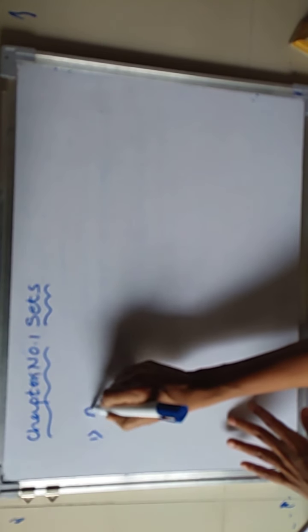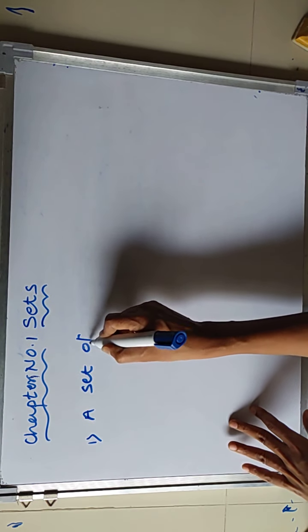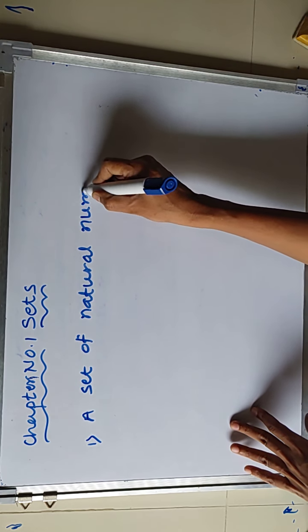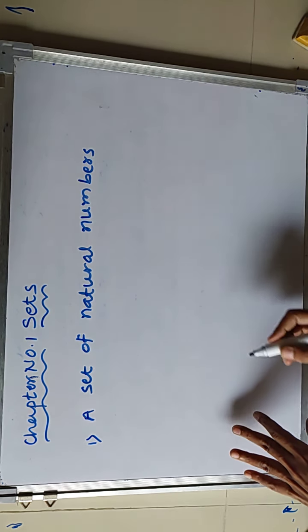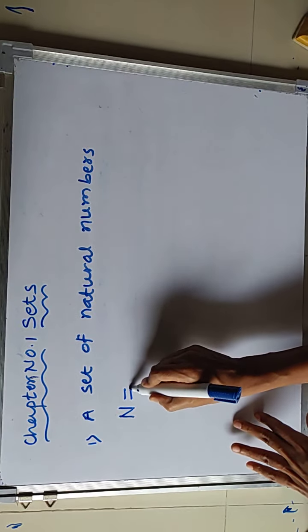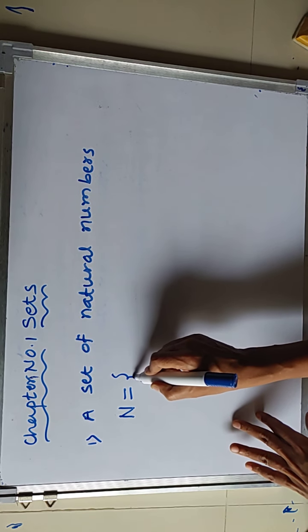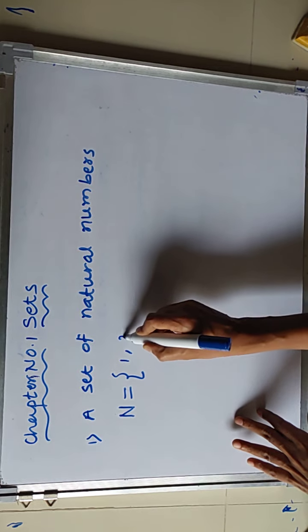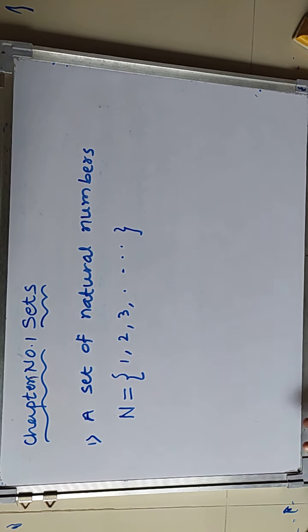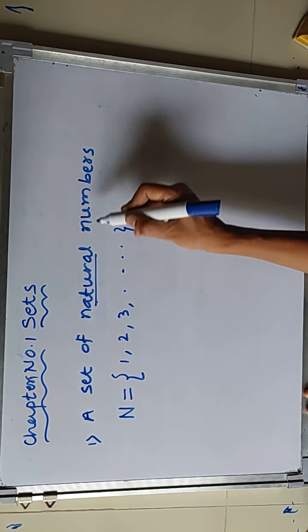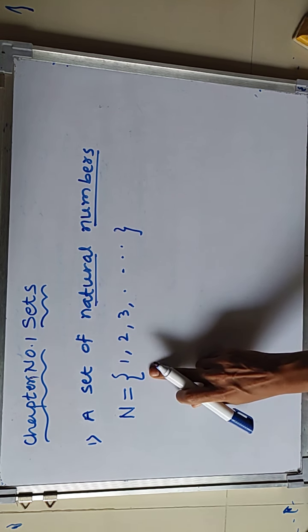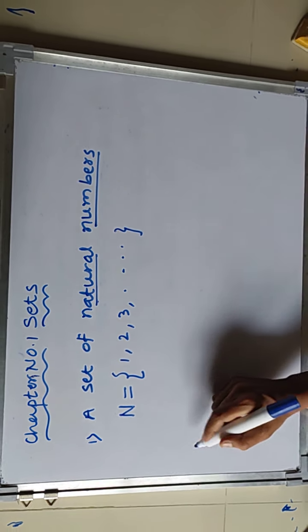First, a set of natural numbers. It is denoted by capital N, which is equal to, in a curly bracket, 1, 2, 3 and so on, up to infinity. A set of natural numbers can be denoted by capital letter N, which is equal to, in curly bracket, 1, 2, 3 and so on.